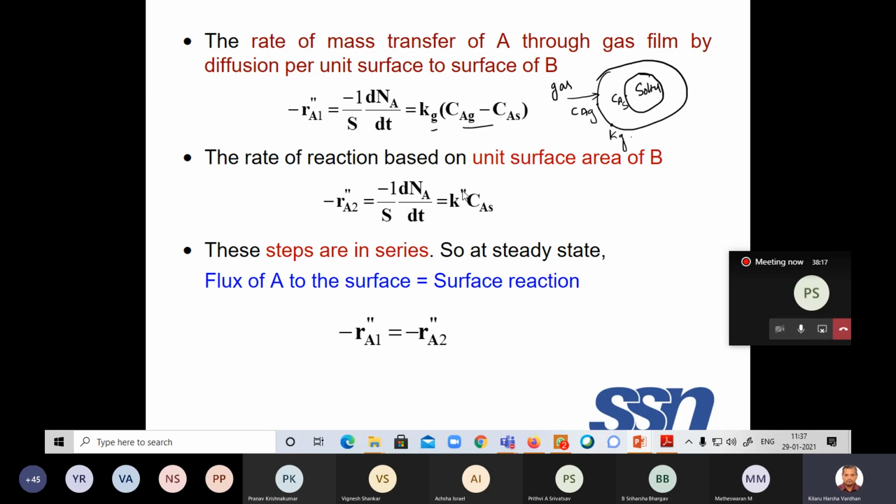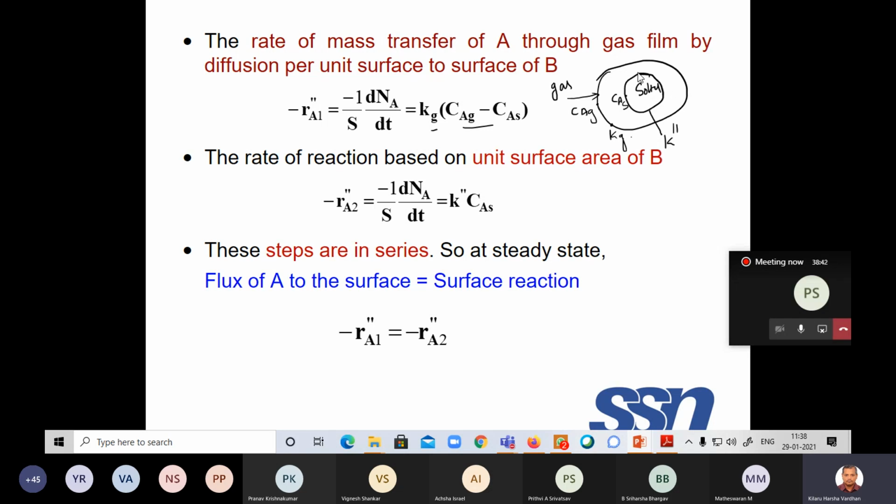Let it be the rate at this particular surface, K double prime. So K double prime, unlike the mass transfer rate, is the kinetic constant into the concentration.